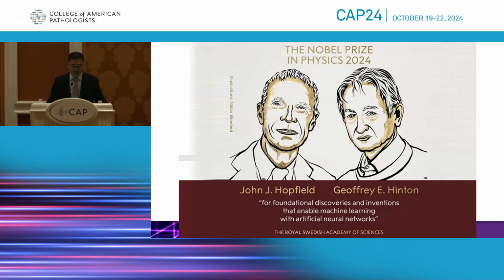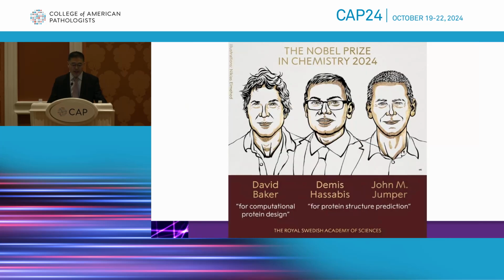I'm going to start with a couple of slides on this year's Nobel Prize. As we know, the physics prize went to Dr. Hopfield and Dr. Hinton. Dr. Hinton is the father of AI, as we know. The chemistry prize went to three people who contributed to computational protein design or used AI to predict protein architecture.